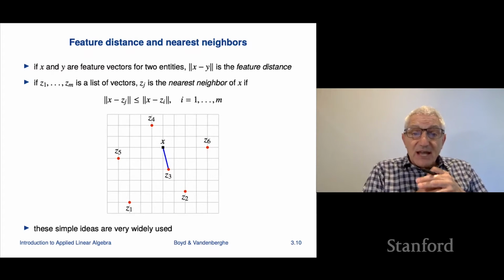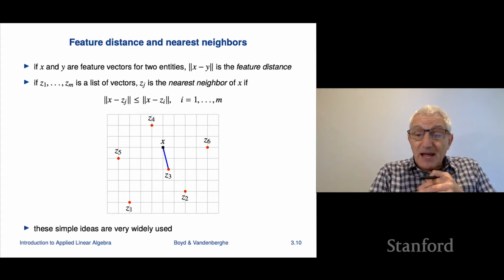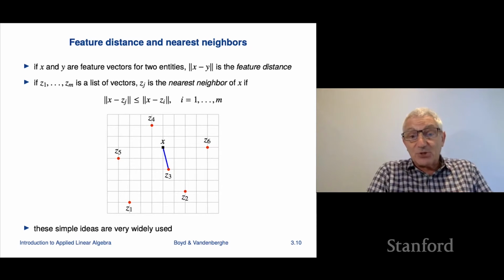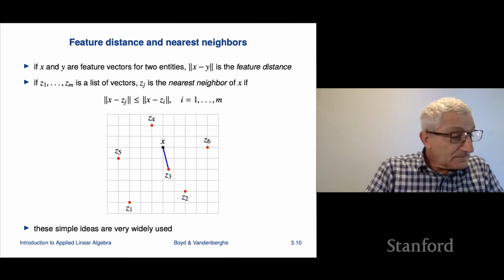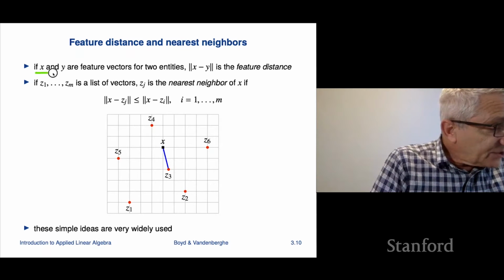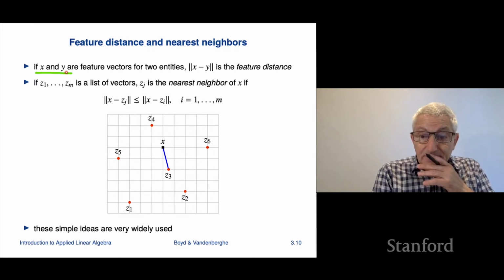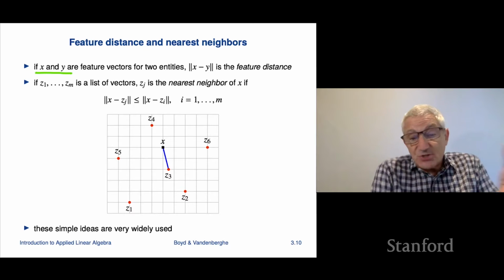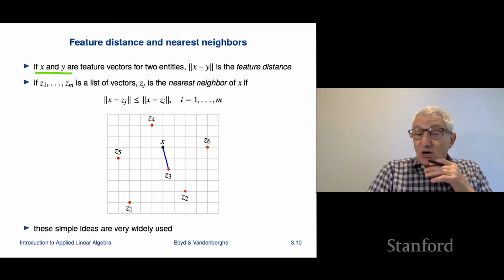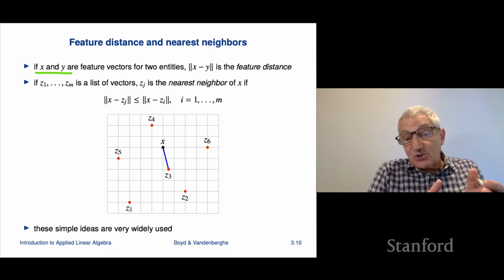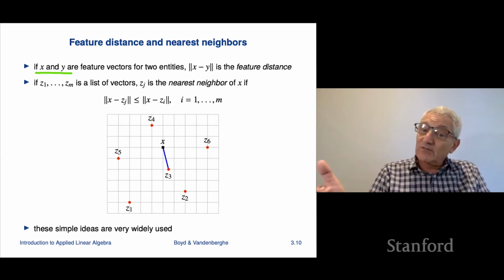Now, just as a teaser, we're going to talk about some very interesting ideas. Even though norm is a very simple concept, you can already see hints that it could get super duper useful. So we'll talk about the concept of a nearest neighbor. If you have two feature vectors, for example, then the norm of the difference, which is the distance between them, is called the feature distance. And so you have the concept of two feature vectors being close or two being very far away.